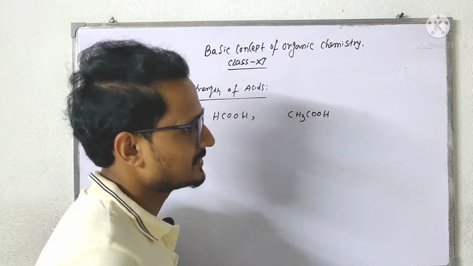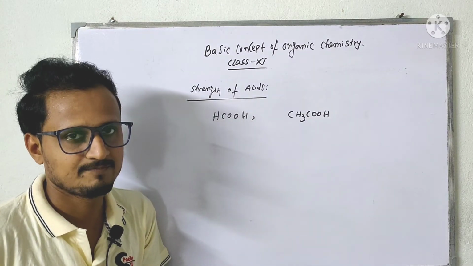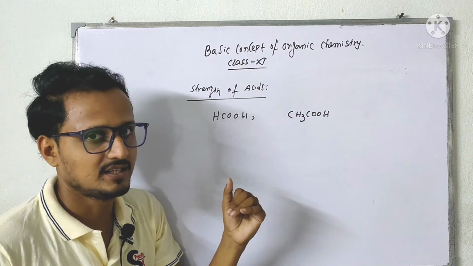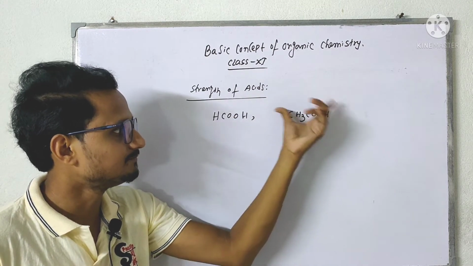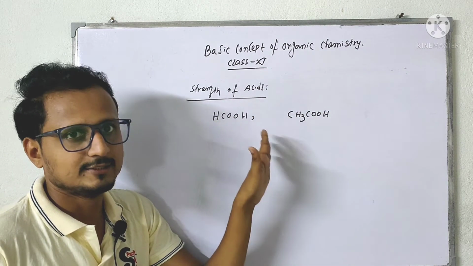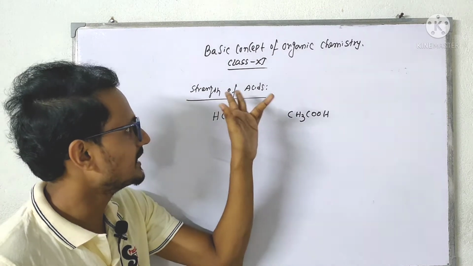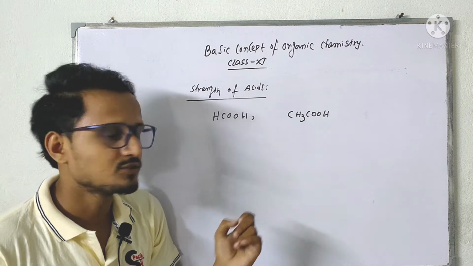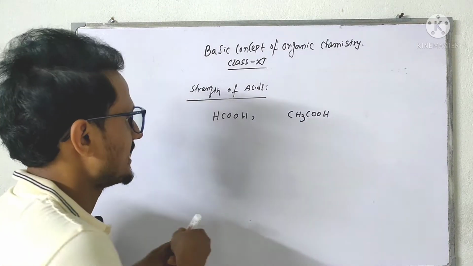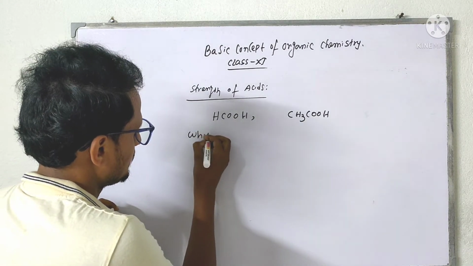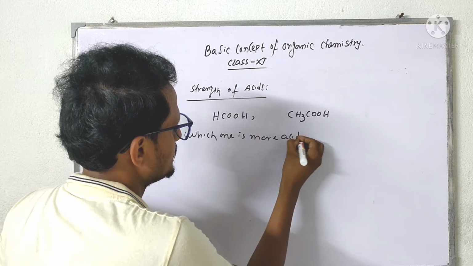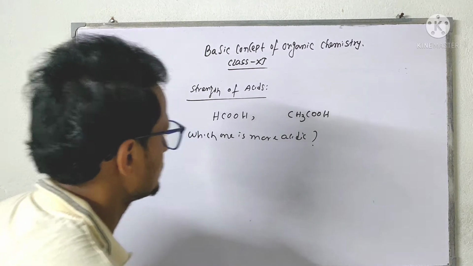Now if anybody asks you which one is more acidic, whose strength is higher than the other one, we can answer this by the concept of plus I and minus I effect. So the question is which acid is more acidic.